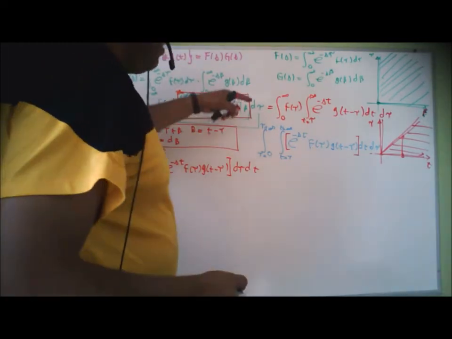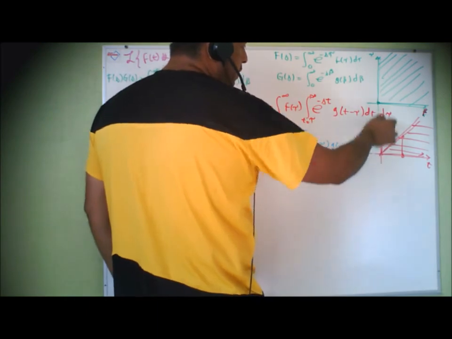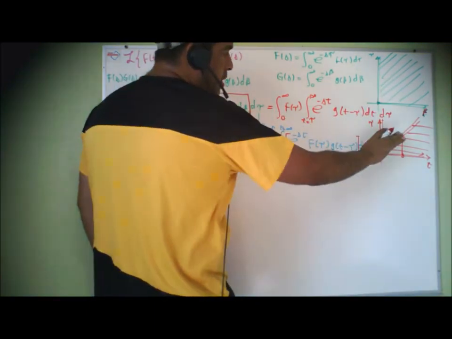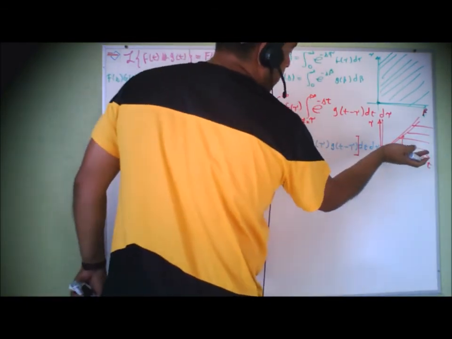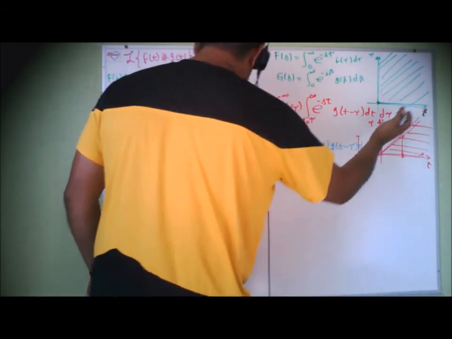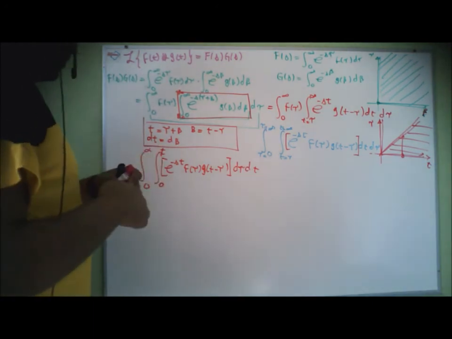So again, in the previous integral, it was from 0 to infinity, and from t equal to tau to infinity. Now it's going to be from 0 to infinity, and from 0 to tau equal to t. Okay, so this is the result.